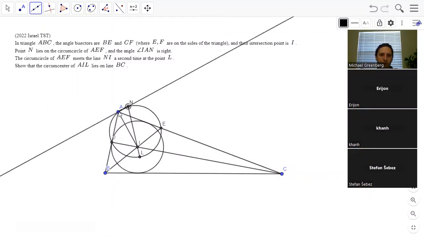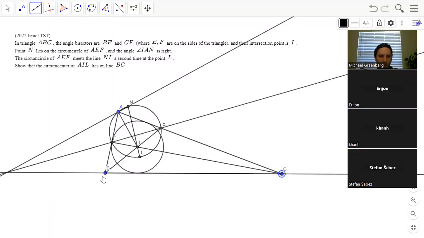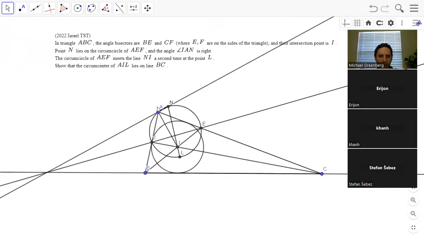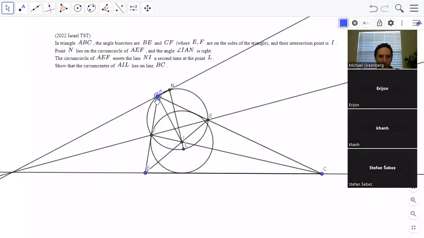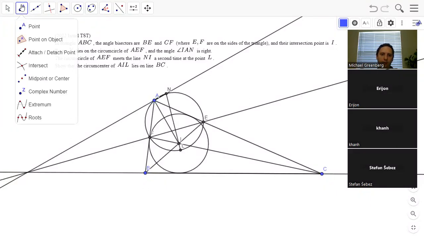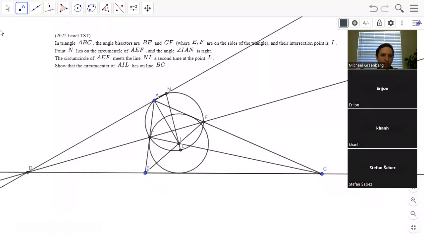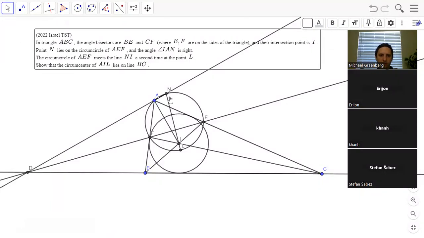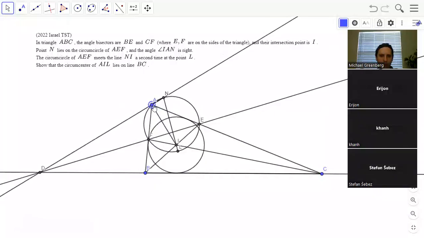Is that true by harmonics? I think it might be. Yeah, let's make sure that's really true. I think it's true by harmonics, right? Because this is harmonic right here. And also, since these three concur, then yeah, that makes sense. So let's say they concur at point D. Pretty sure that would be useful.